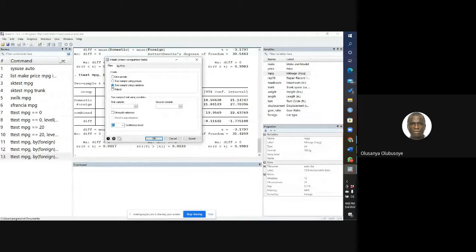But here, in the two sample using variables, we are assuming that we can have two variables that are measured on a continuous scale. So take, for instance, MPG, which is measured on a continuous scale.